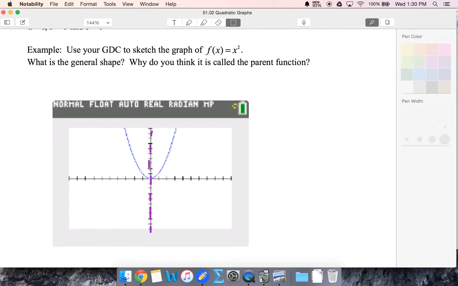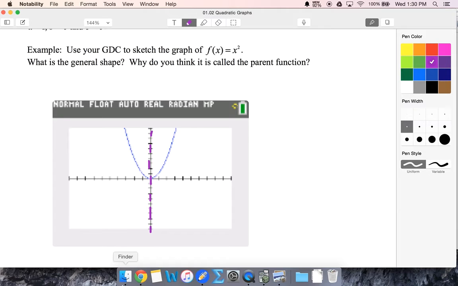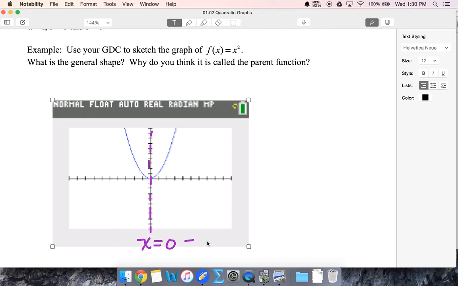So this is a line, so that line has an equation, and its equation, that's where all the x values are 0. So in my parent function of x squared, the axis of symmetry is x equals 0.